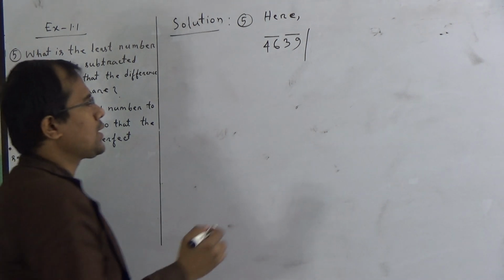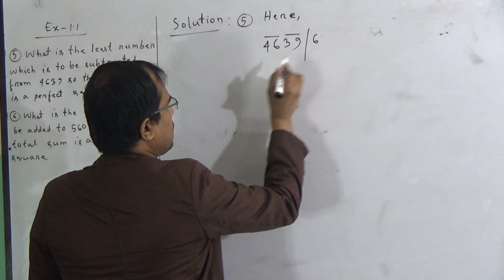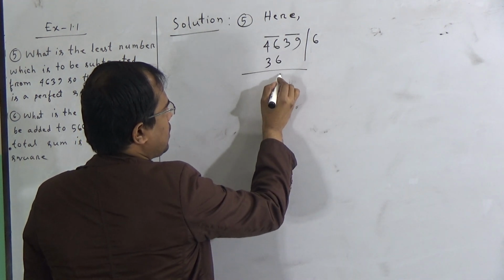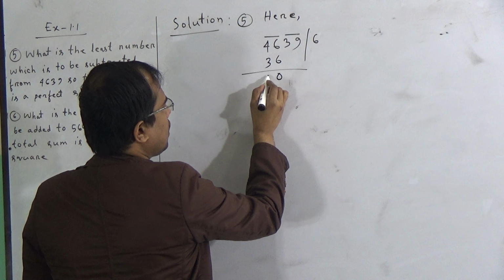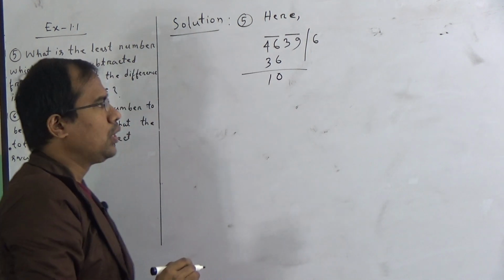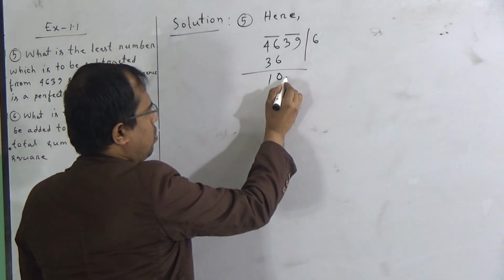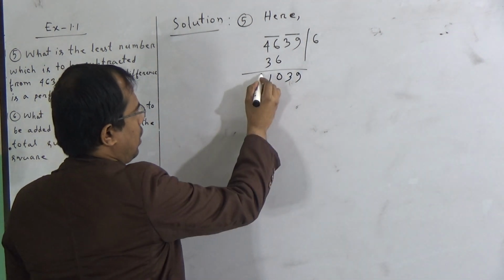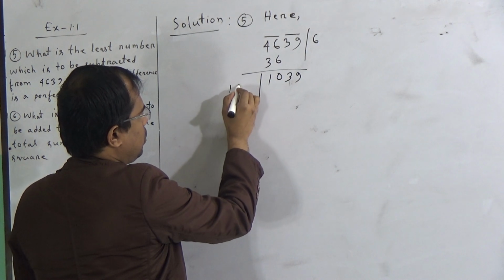So we cannot take 7, we will take 6. 6 6s are 36. After subtracting, we will get 6 minus 6 equal to 0, 4 minus 3 equal to 1. Now we will take this pair with 1 0, that means 1039 the number. Now double of 6 is 12.